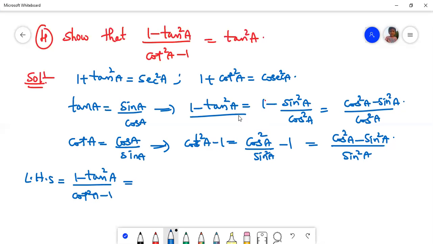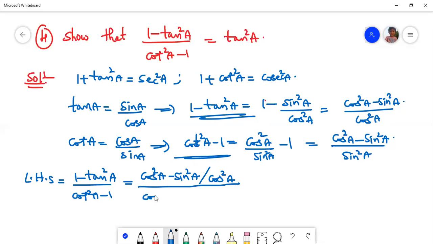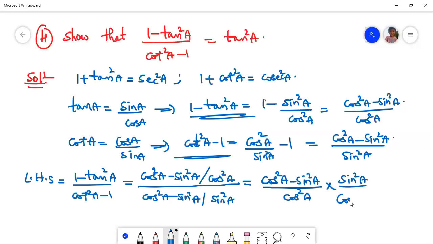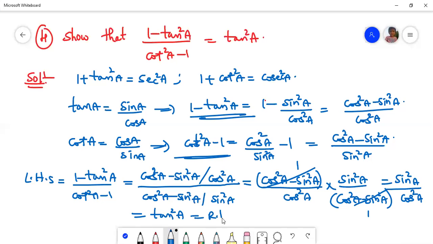In place of 1 minus tan square A, we write cos square A minus sin square A upon cos square A, whole by cot square A minus 1, which is cos square A minus sin square A upon sin square A. It is equal to cos square A minus sin square A, denominator cos square A. The denominator becomes numerator, that is sin square A by cos square A minus sin square A. These two get cancelled. 1 into sin square A is sin square A, cos square A into 1 is cos square A. It is equal to tan square A. This is the RHS.